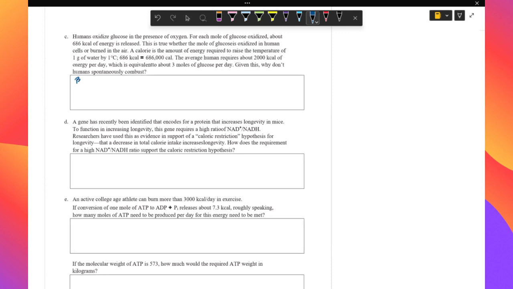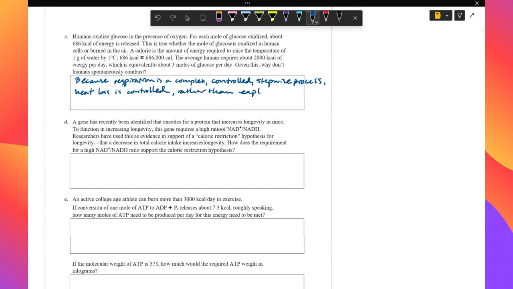So because respiration is a complex, controlled, stepwise process, heat loss is controlled, rather than explosive or all at once.